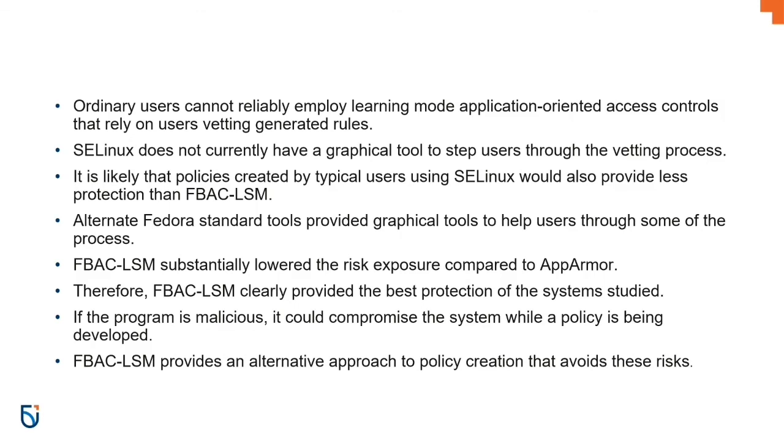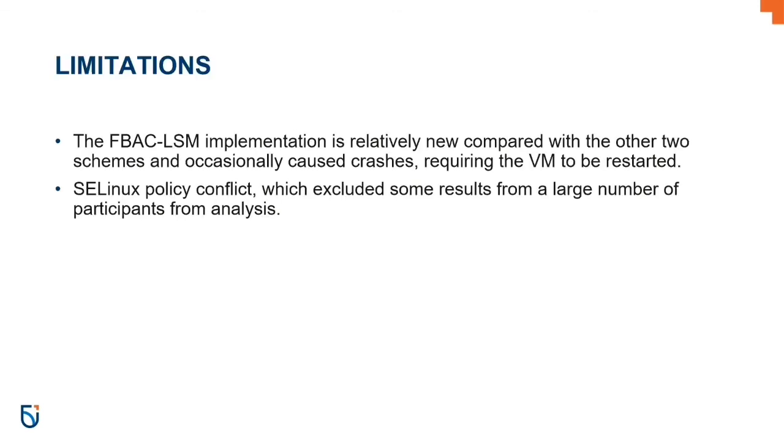If the program is malicious, it could compromise the system while a policy is developed. The FBAC-LSM implementation is relatively new compared with the other two schemes and occasionally caused crashes, requiring the VM to be restarted. A SELinux policy conflict excluded some results from a large number of participants from analysis.